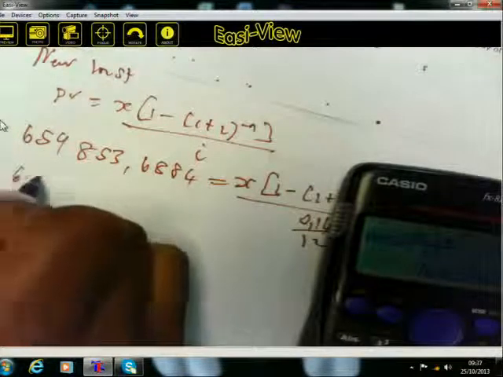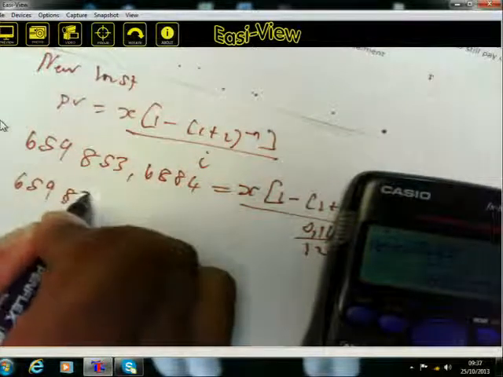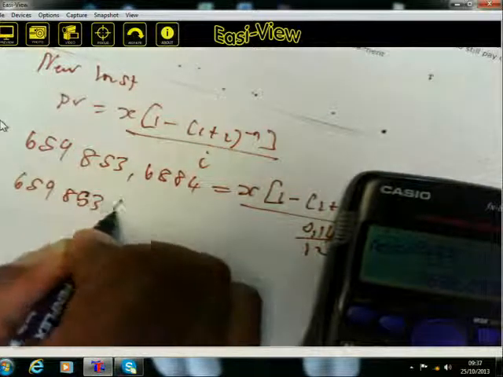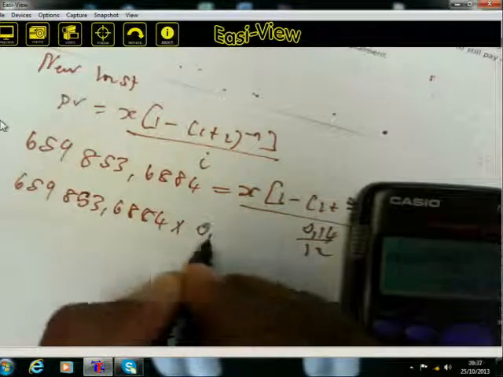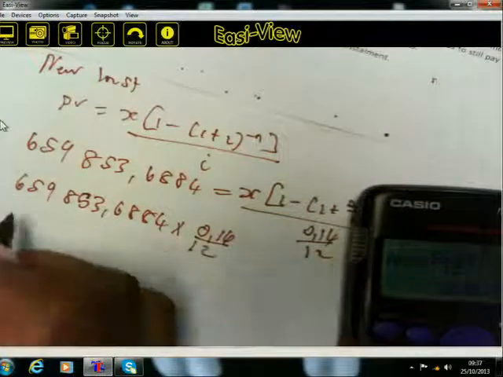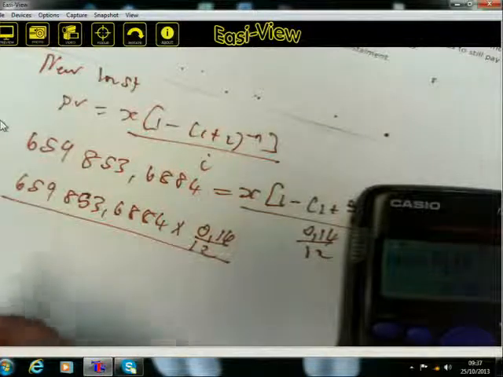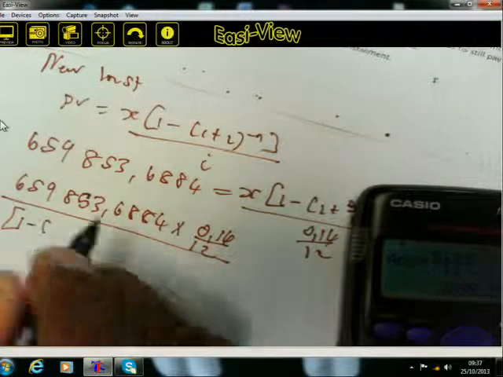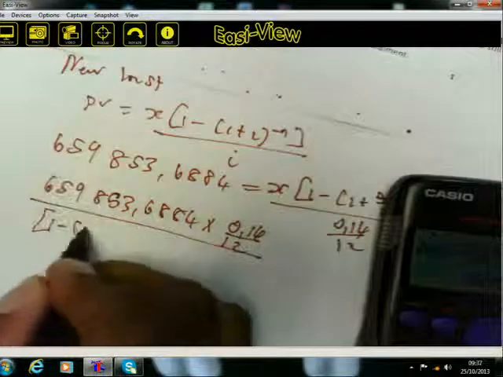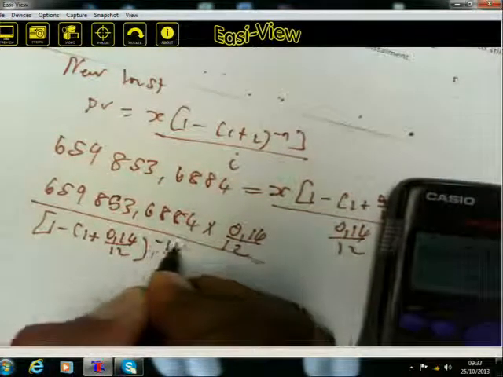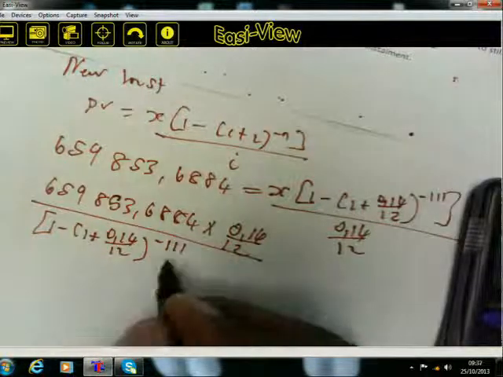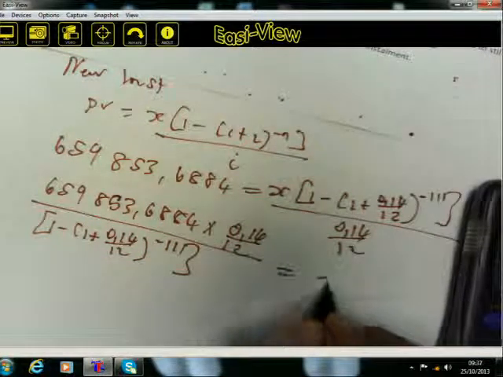We have 659,853.6884, then multiply by 0.14 divided by 12. And then everything here we must divide by 1 minus, open bracket, 1 plus 0.14 over 12 to the exponent of minus 111, and then close the brackets, and then it should give us x.